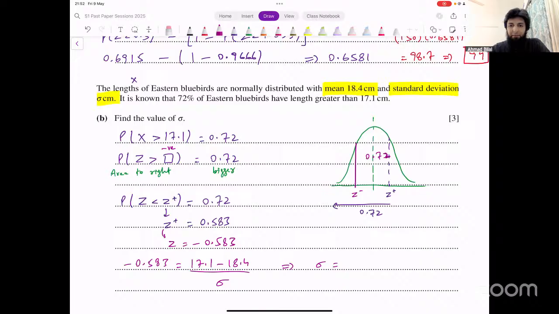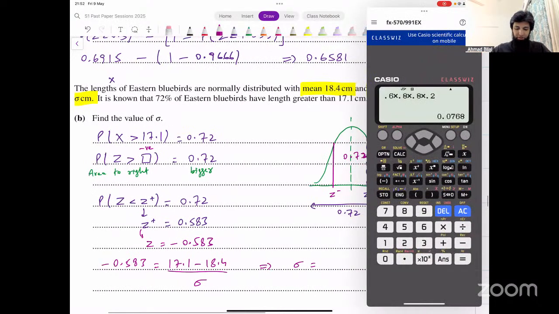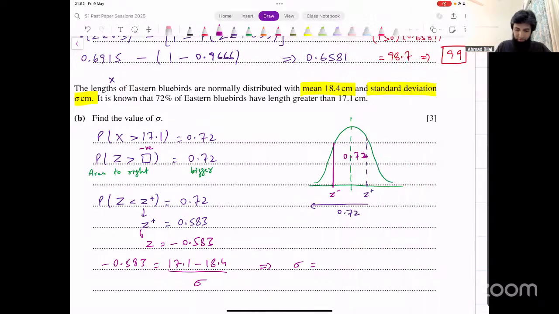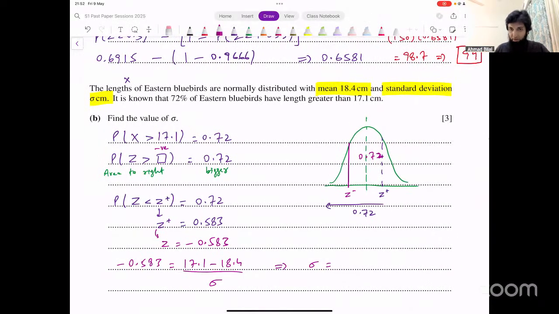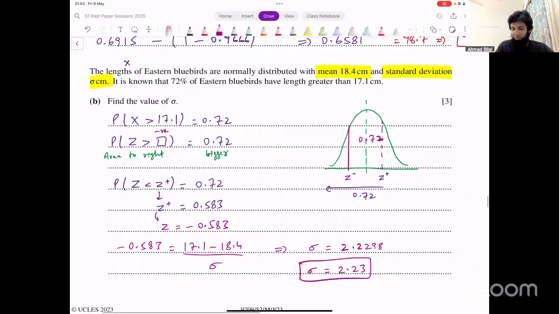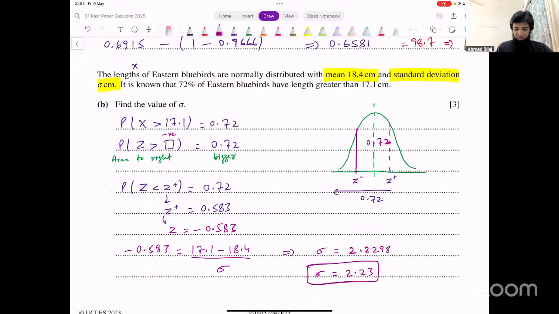What do we get? 2.2298. You can round this off for the final answer. That's 2.23, and that's your final answer. In the next part, it's better to use this, although it's very close to 2.23, so that might not be much of a problem. But generally, in the next part, it's better to use a more accurate number. So that's the standard deviation that we get.